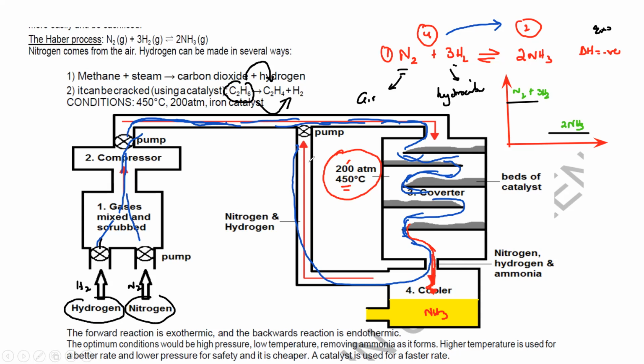Once nitrogen and hydrogen react, they form ammonia, and we cool it down and take the ammonia out from the bottom. The ones which do not react, we pump again into the chamber, and they continue to move until they are also converted, the two elements reacting to form ammonia again. So this is how we manufacture ammonia by Haber's process.